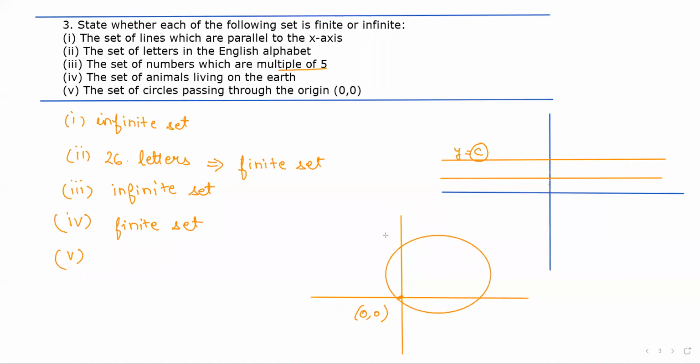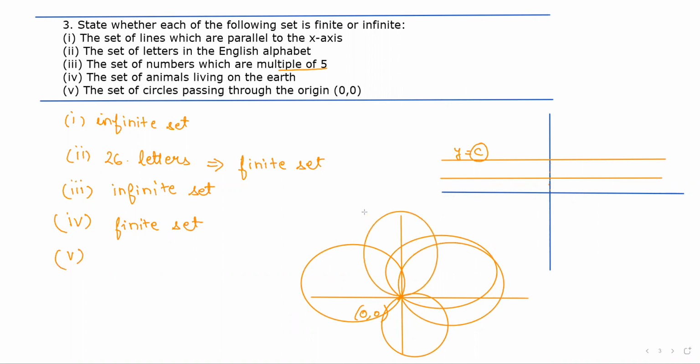All you need is that it should pass through your origin. Infinite circles, in this case, can pass through your origin. We do not know which one. We do not know whether it's touching your other axis or not. We do not have any idea about the radius, but all we know is it is a circle which is passing through your origin. So obviously it will be an infinite set.